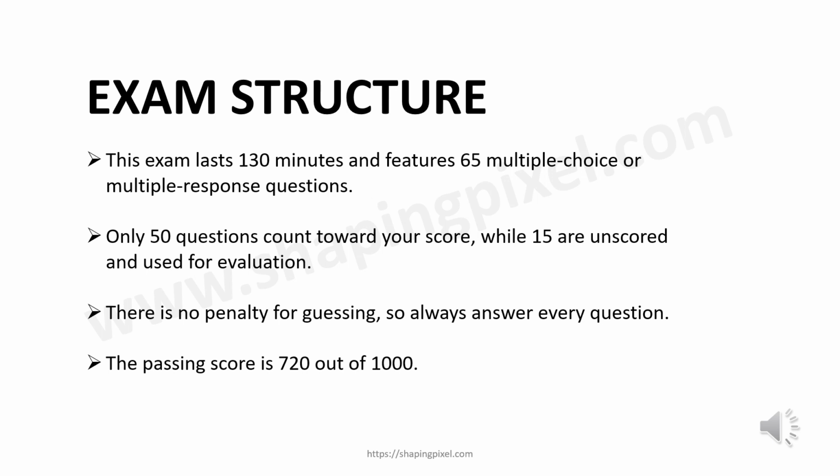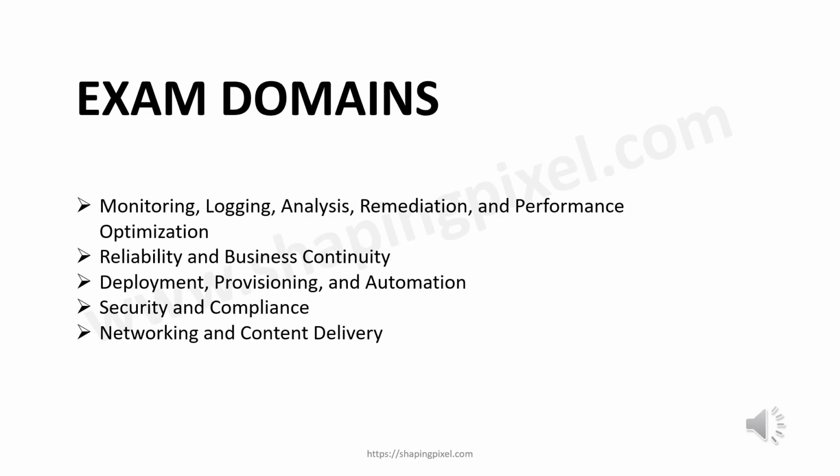The passing score is 720 out of 1,000. The exam covers 5 domains: monitoring, logging, analysis, remediation, and performance optimization; reliability and business continuity; deployment, provisioning, and automation; security and compliance; and networking and content delivery.